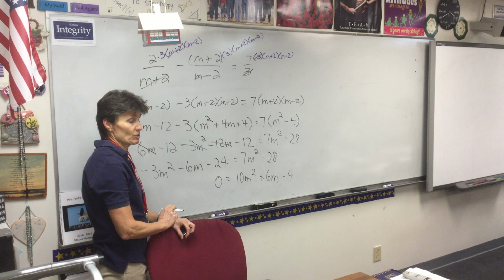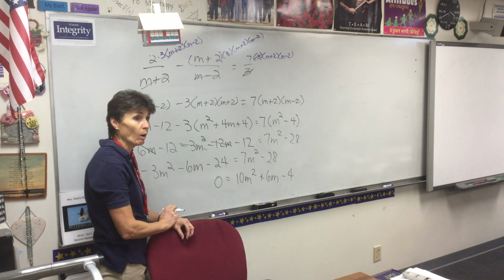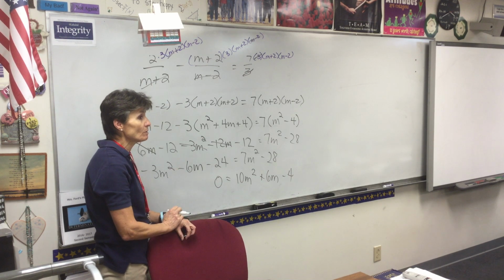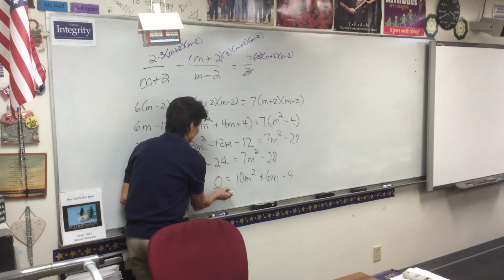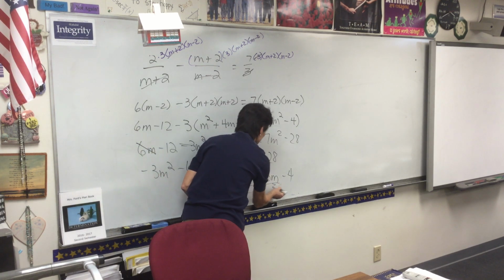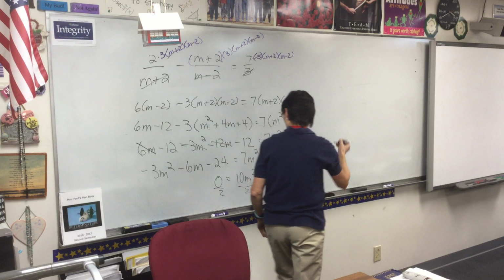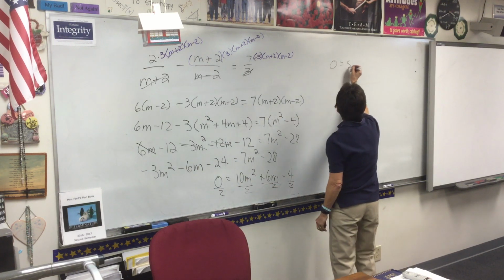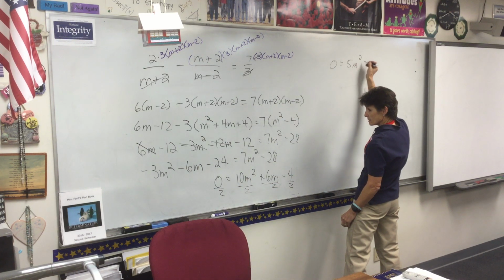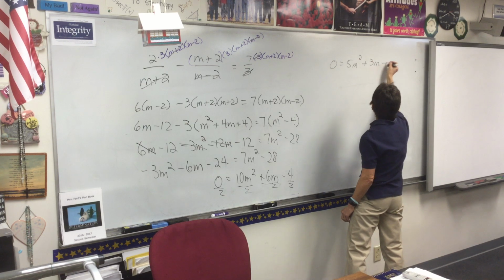Now, if you want, divide everything by 2. It's an equation. We're allowed to do that. So we have 0 equals 5m squared plus 3m minus 2.